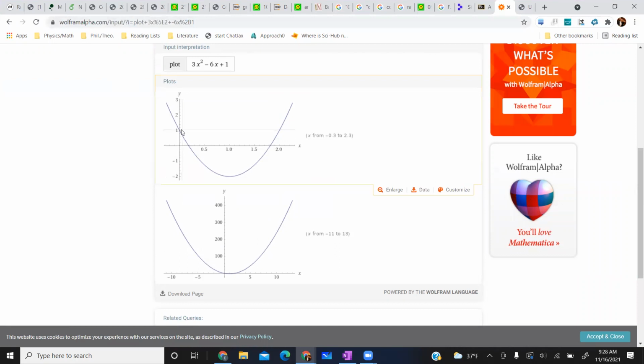Yeah, so see right here, there's a y-intercept at 1. Here's the vertex. You go over 1 unit and then you go down 2 units. So there's the vertex. It opens up because 3 is a positive number. And then we have x-intercepts just to the left and right of 1.